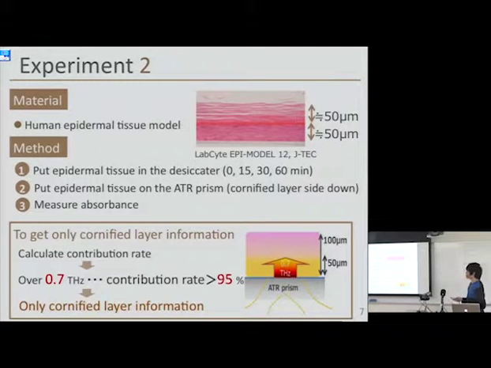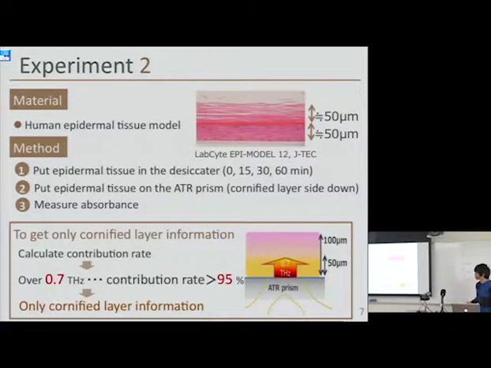Firstly, I put the epidermal tissue in a desiccator for 0 to 6 minutes, to change the water content in the cornified layer, and then I put the epidermal tissue on the ATR prism and measured absorbance.